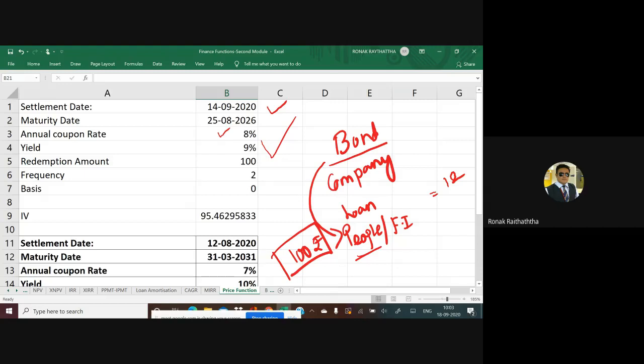If someone only has the capacity to invest in 100 bonds, they would purchase only 100 bonds of the company. So the company is taking the money from the people, right? And people will be getting interest from the company for the bond.